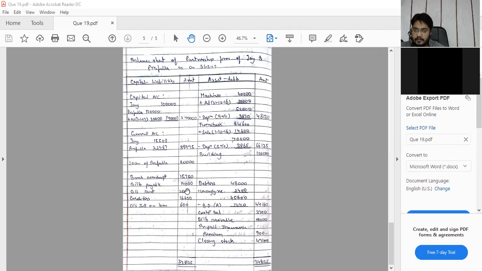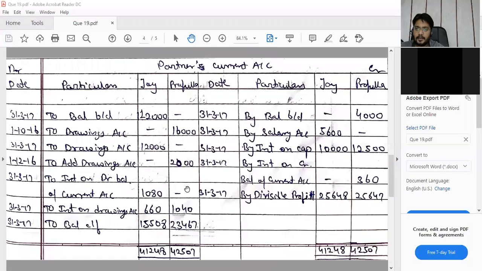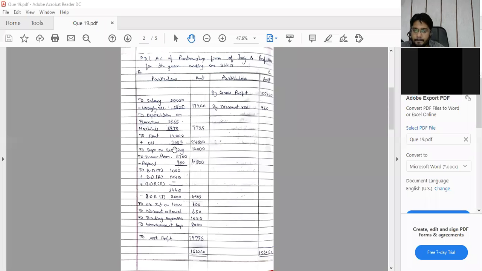Then rent is given. Come to the P&L debit side, to rent, into inner column 22,000. One adjustment is over here. It's a hidden adjustment. Yesterday we calculated that there is an outstanding rent of 1 month, right?